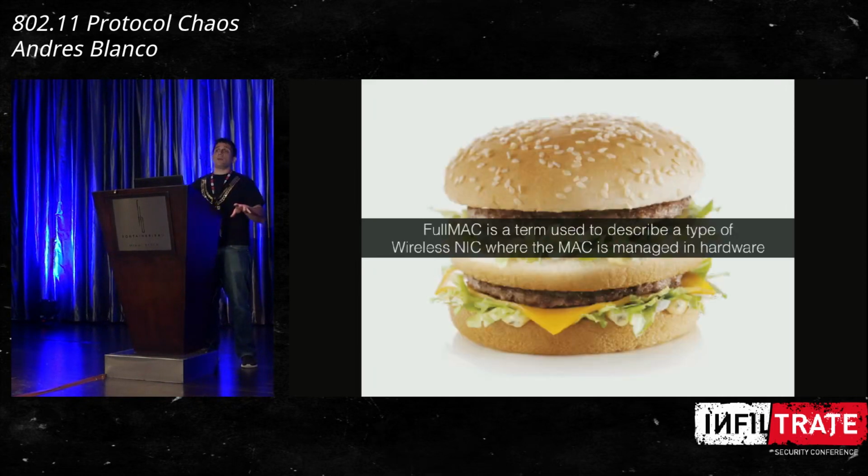And then we have full MAC interfaces, which manage all these layers in the firmware, in the hardware. For example, Broadcom has a lot of Wi-Fi chips that use this type of MAC, full MAC. All the iPhones use this type of interface, so a lot of things happen in the firmware and not in the OS.